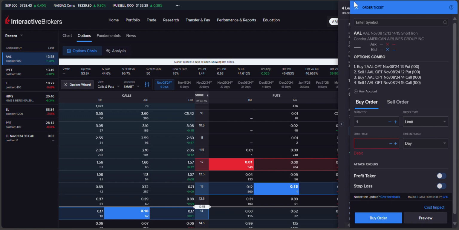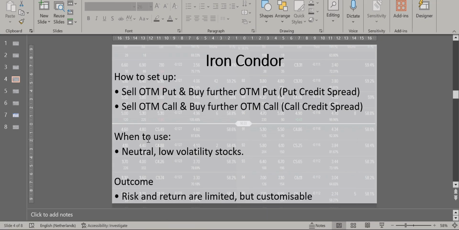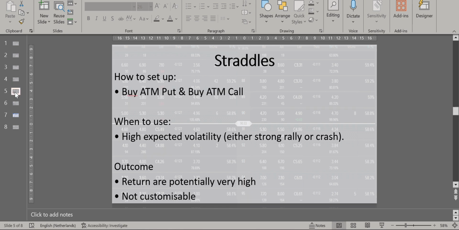You can see it right here, short iron condor here. All right. So this was the iron condor, and now we move on to the next one, which is one that attempts also to profit, but from very high volatility, and these are the straddles. It's a simple strategy. You simply buy a put which is at the money, and you also buy an at the money call.